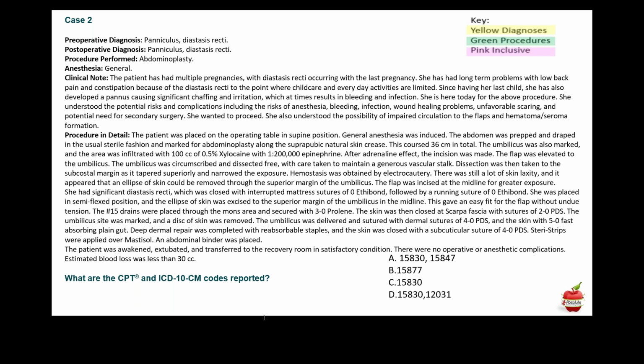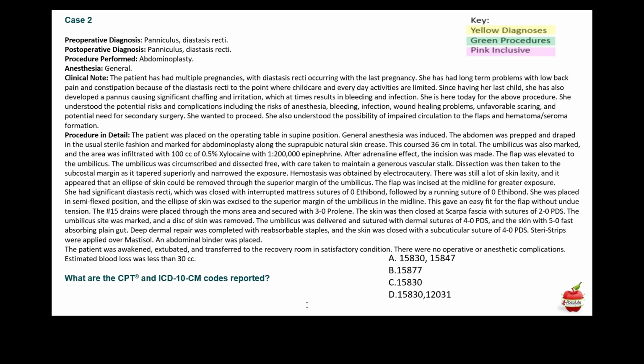Dissection was then taken to the subcostal margin as it tapered superiorly and narrowed the exposure. Hemostasis was obtained by electrocautery. There was still a lot of skin laxity, and it appeared that an ellipse of skin could be removed through the superior margin of the umbilicus. The flap was incised at the midline for greater exposure.